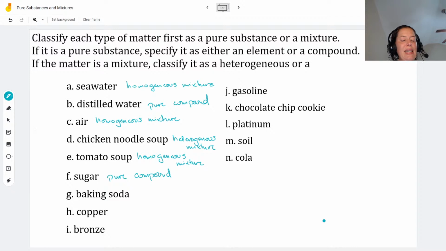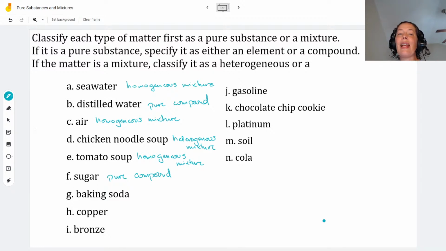Okay, next up we have baking soda. So we've kind of been in the kitchen here for a little bit with some soups and some sugar and some baking soda. Okay, so baking soda first, pure substance or a mixture? Nope, baking soda is definitely a pure substance, but is it an element or is it a compound? Well, baking soda is actually made of sodium and hydrogen and carbon and oxygen.